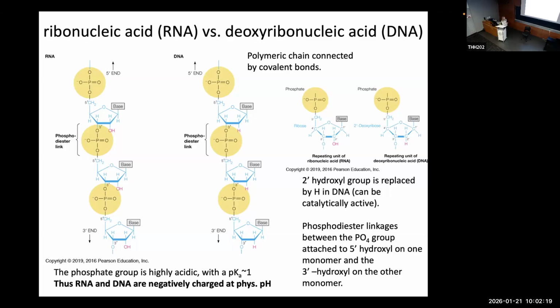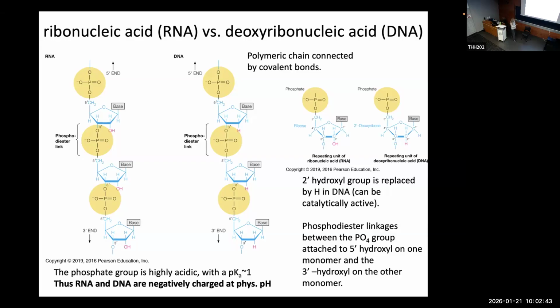And we'll talk about that in the next set of slides. Meaning, RNA can be catalytically active. It can actually facilitate enzymatic reactions. And evolutionarily, it was thought that RNA actually was the first molecule to catalyze reactions.